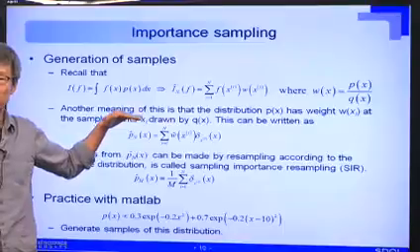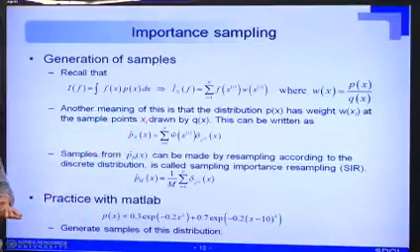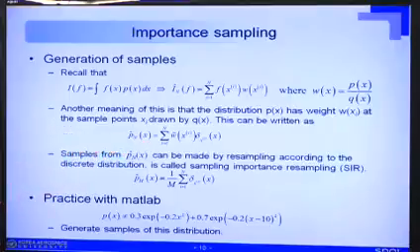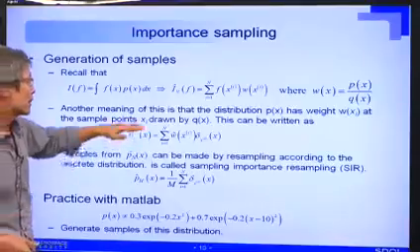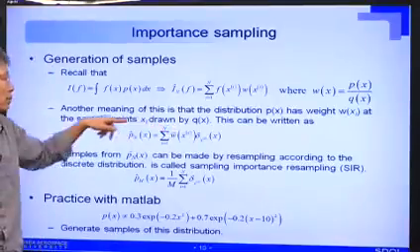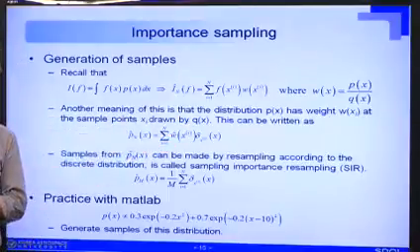This is the condition. And once we have those samples, the PX, this is the one we want. The PX represents weighted samples at each of these drawn points by QX. This is the conclusion.